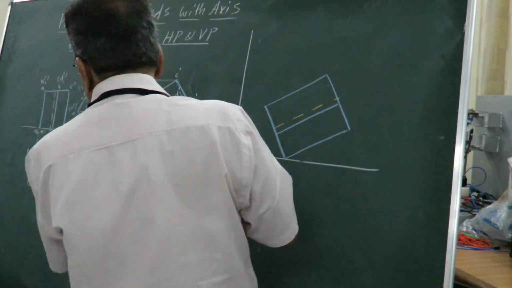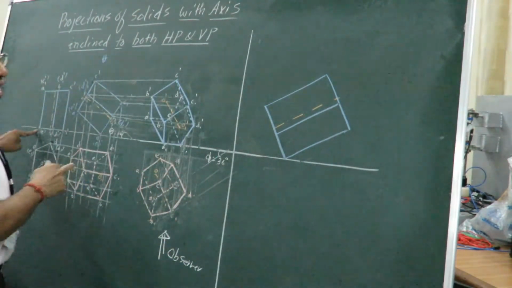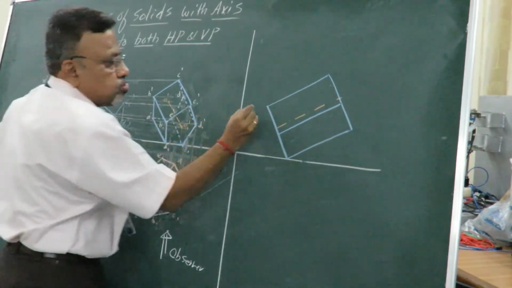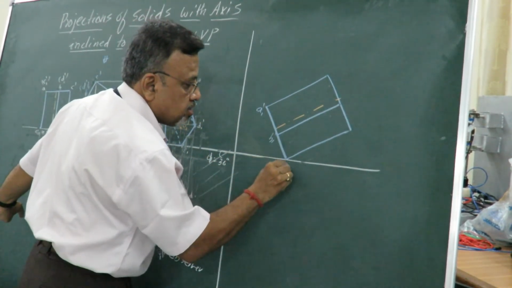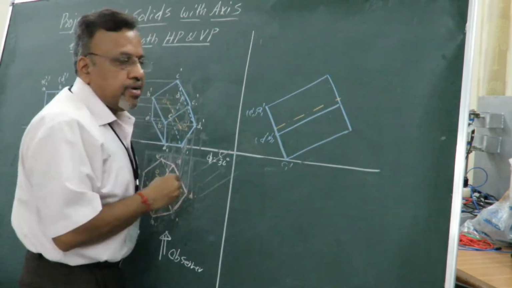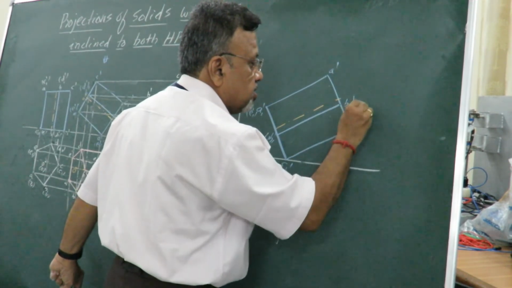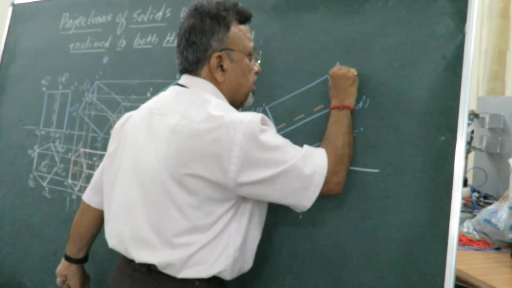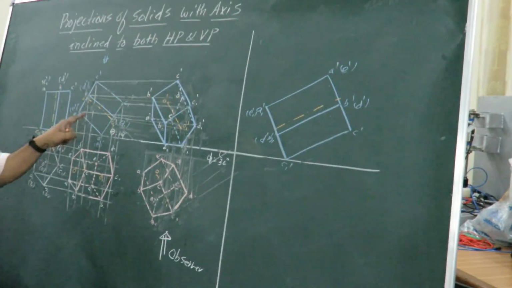Also let me mark the points here. Since I am rotating in this direction, your A1 will come on the top, so this will be A1 dash, B1 dash, C1 dash, D1 dash and E1 dash. Then this will be A dash, B dash, C dash, D dash, E dash. Is it clear?